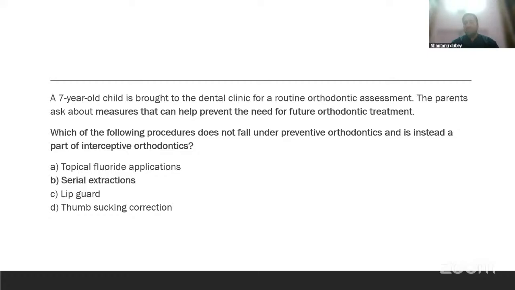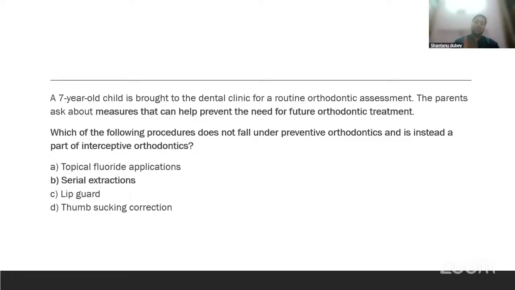They could have ended the question in the first half and asked which of the following procedures does not fall in that category. But I give you a hint: it should be a part of interceptive orthodontics and not preventive orthodontics.